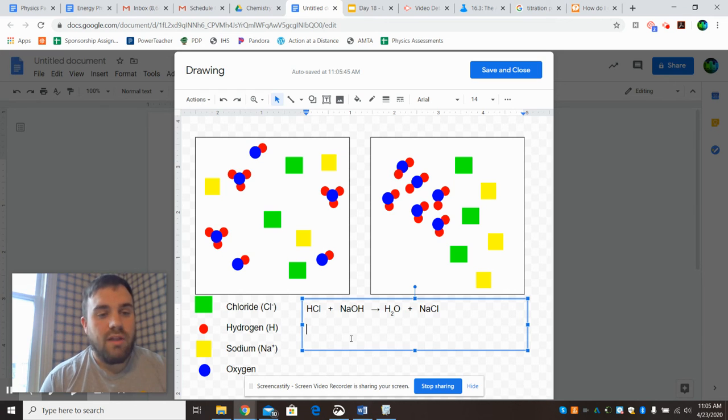I do not need to write the chloride ions because they are not participating in the chemical reaction. But I do need to write the hydronium ion reacting with the hydroxide ion to form 2H2O. And that is why we get the reaction that we get.